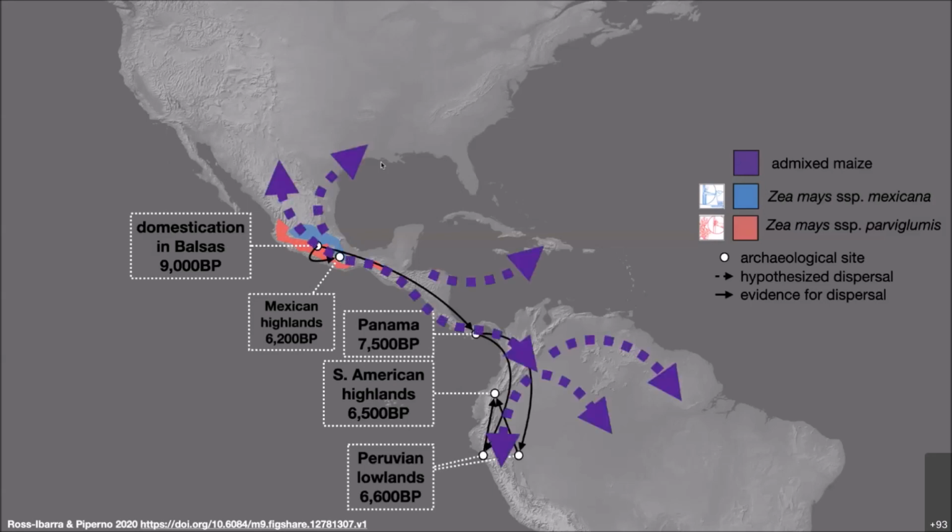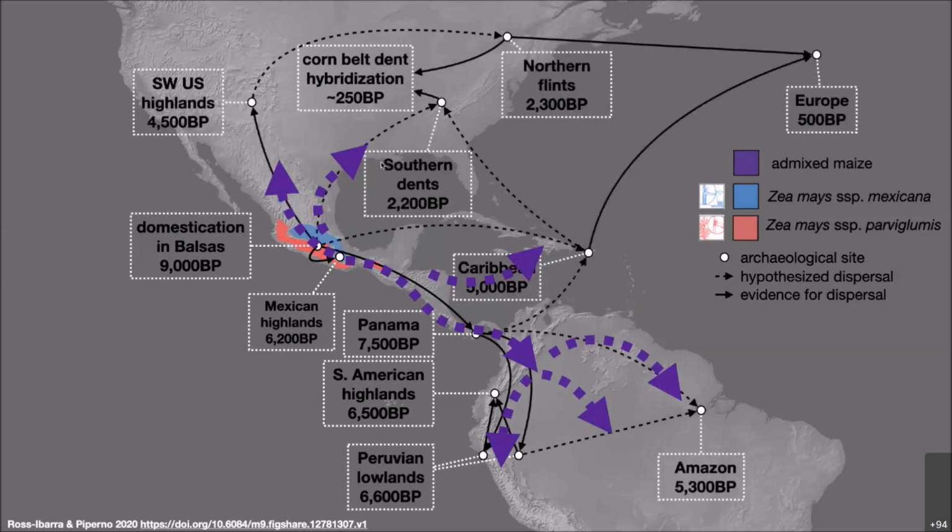This hybrid maize, this Mexicana maize admix population, then spread back out of the highlands, replacing maize everywhere on the map, such that even today, maize in the Andes and maize in the lowlands of South America all have some Mexicana ancestry. So either replacing or admixing with maize everywhere on the map. And then, of course, subsequent divergence, entry into the Southwest US, divergence moving to Europe, et cetera.